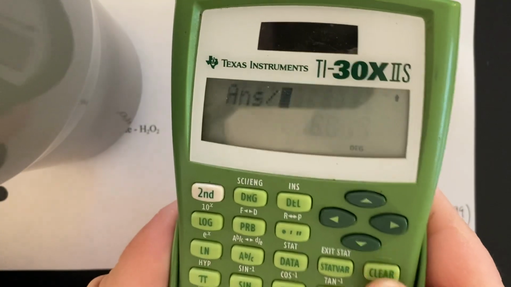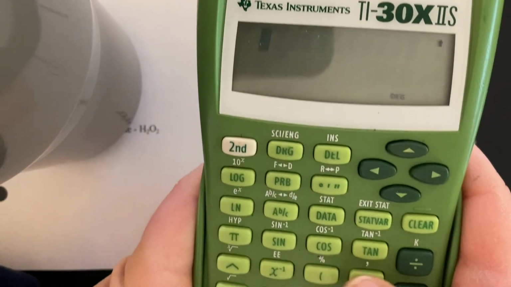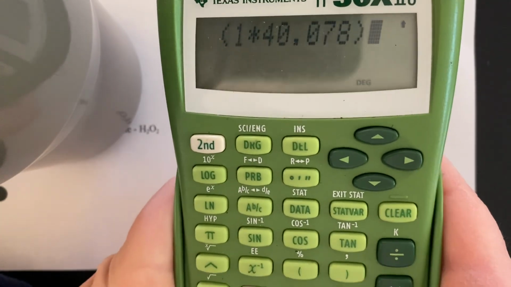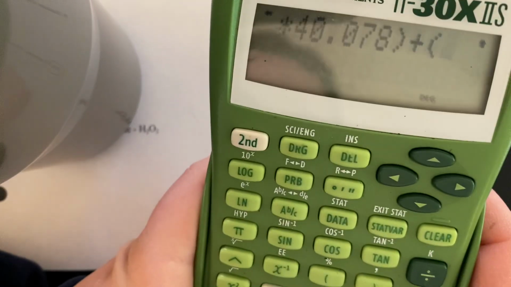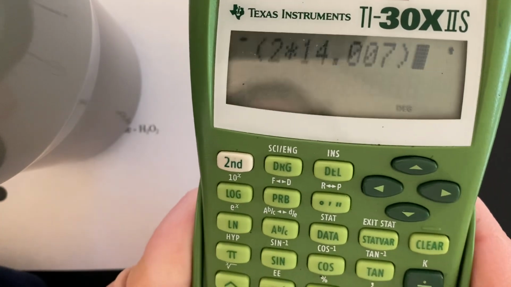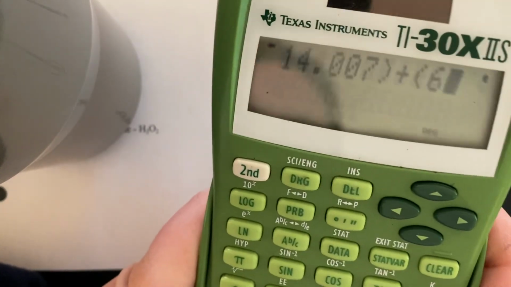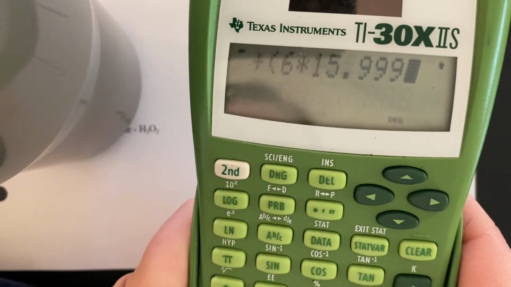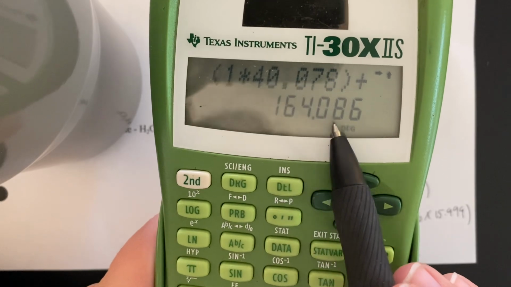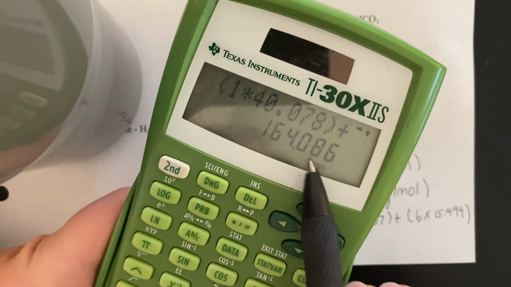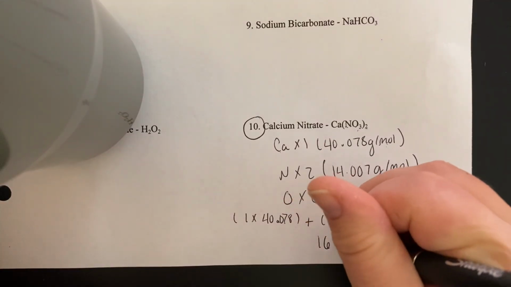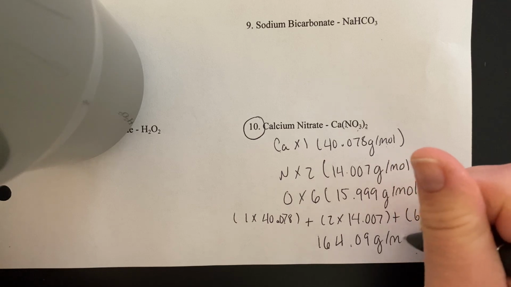Now I'm going to put it in my calculator all at once. 1 times 40.078 plus 2 times 14.007 plus 6 times 15.999. This gives us 164.086. Remember to round to 2 decimal places, so this 8 becomes a 9. 164.09 grams per mole.